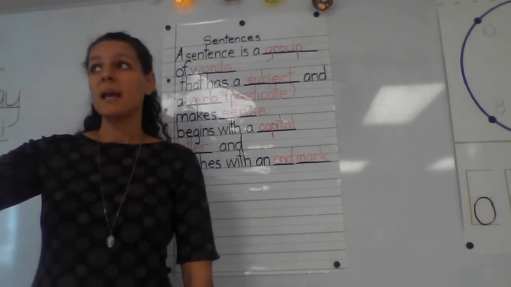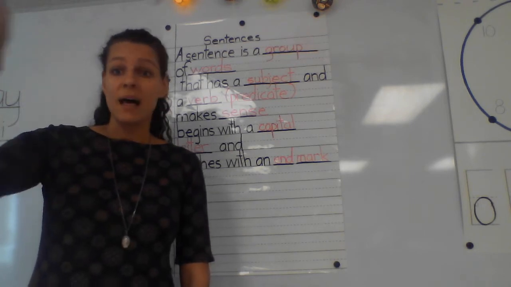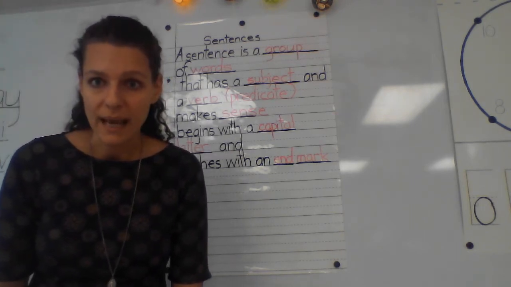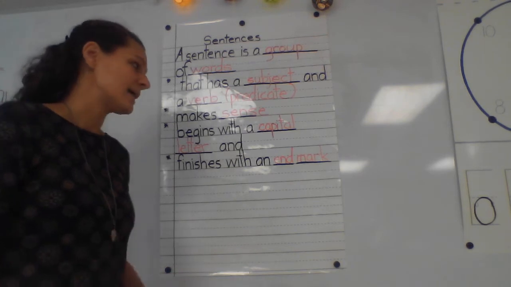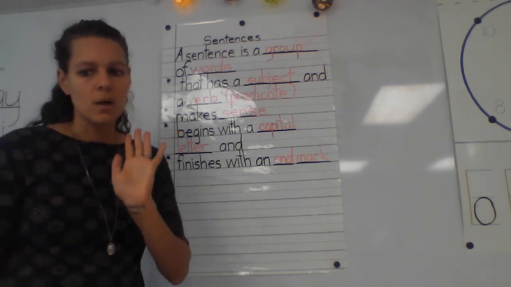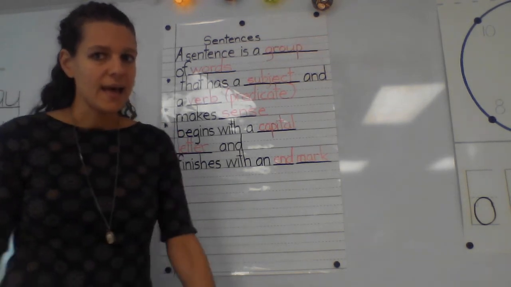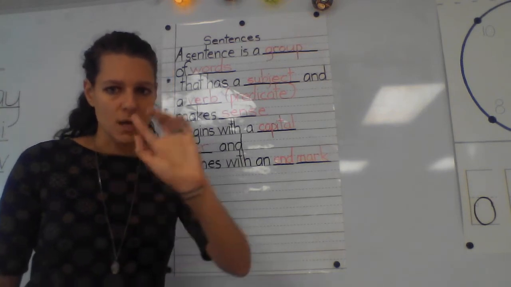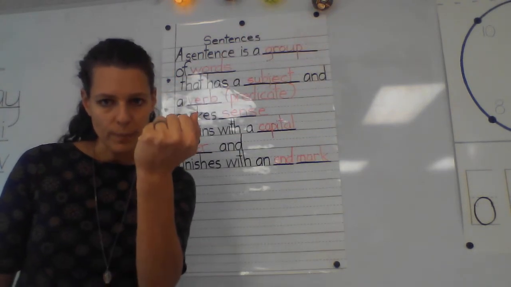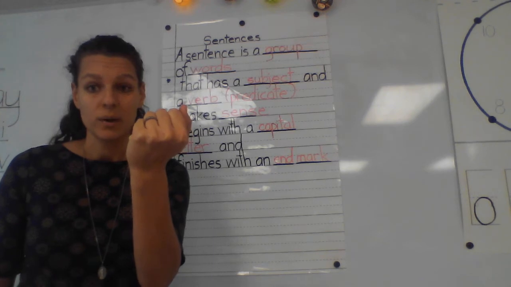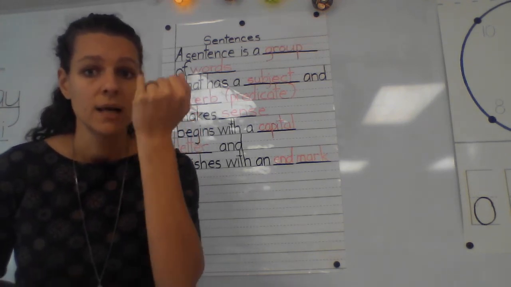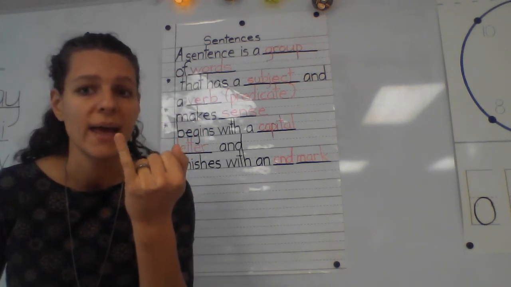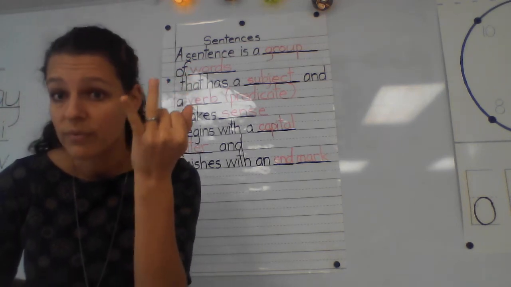Otherwise, if I'm reading and I don't know how to stop, it's going to all get run together and it's not going to be correct either. So one more time, every time you write a sentence, I want you to scoop up your group of words. And then I want you to check for a subject, good, for a predicate or verb.